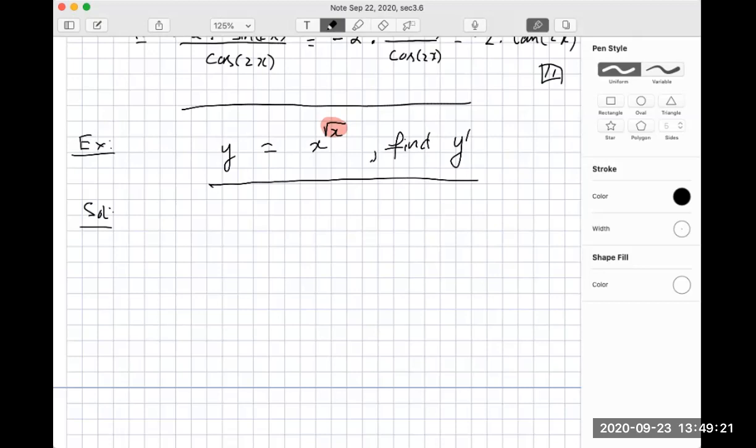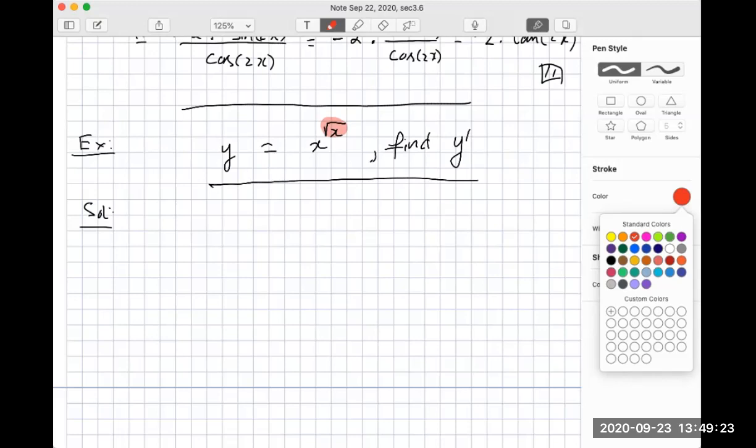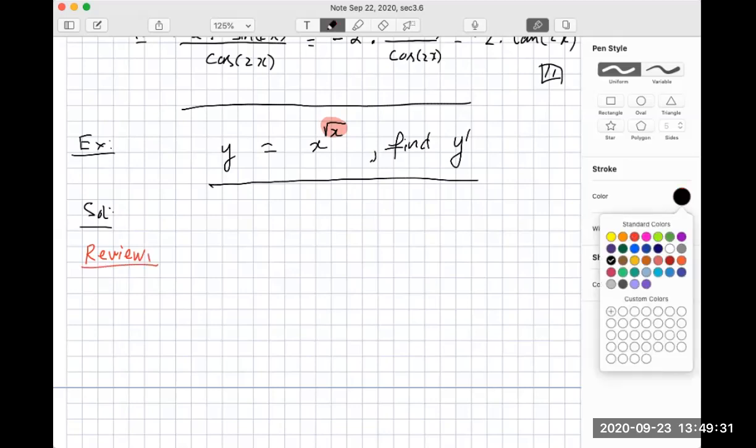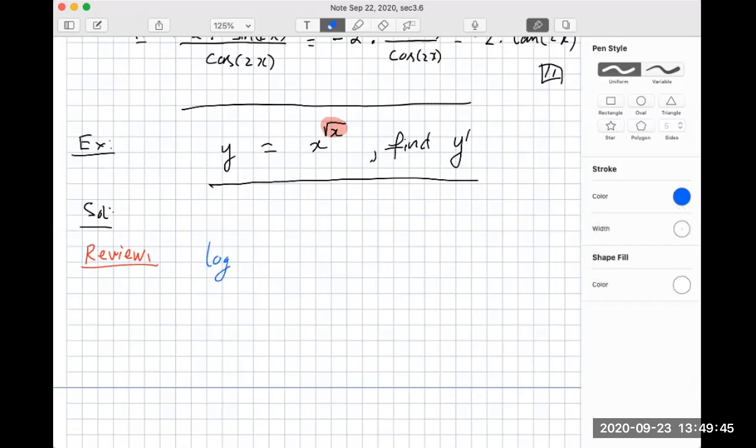Let me remind you of some of the properties. Before doing this, let me just write down some formulas that you knew before, but may not remember. The log base a of x plus log base a of y will be log base a of x times y.